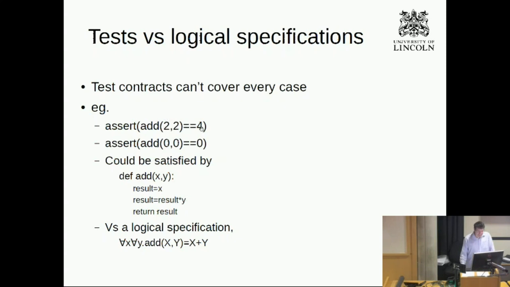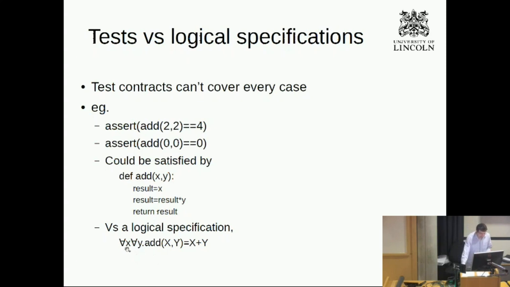This implementation is still going to pass these tests. If I chose 2 plus 2 equals 4 and 0 plus 0 equals 0, both of those tests are going to pass, and my bug is still going to survive through that testing regime. This would not be the case if I wrote my contract using a logical specification instead of using a unit test.